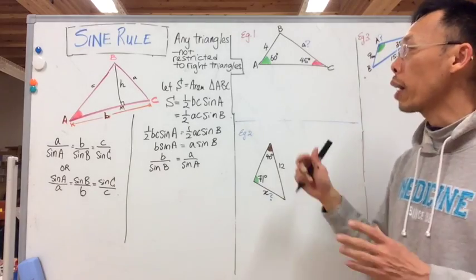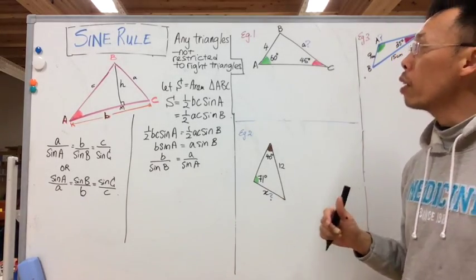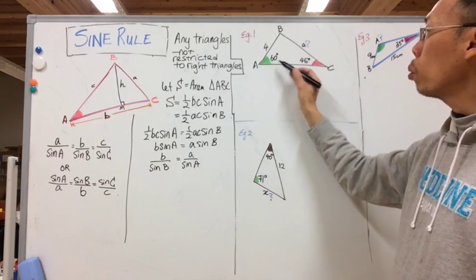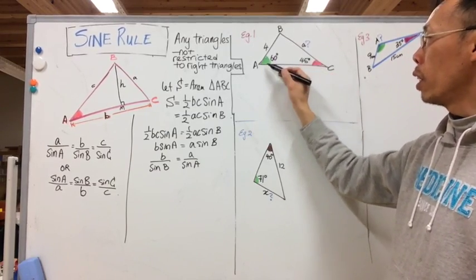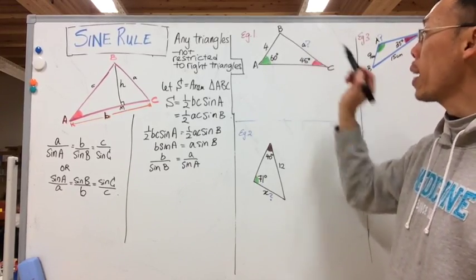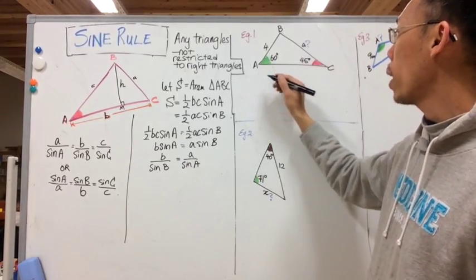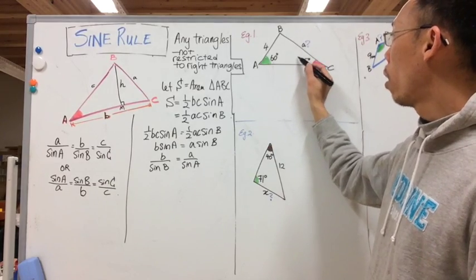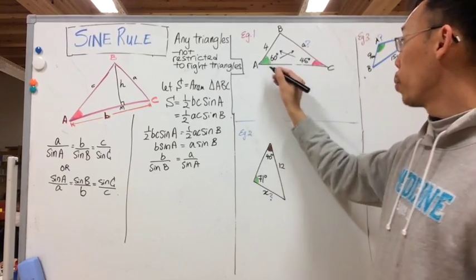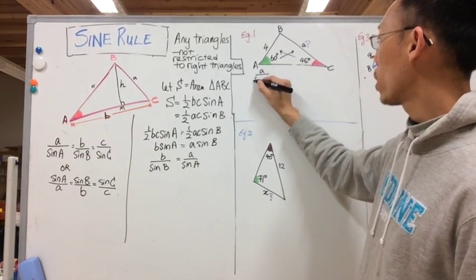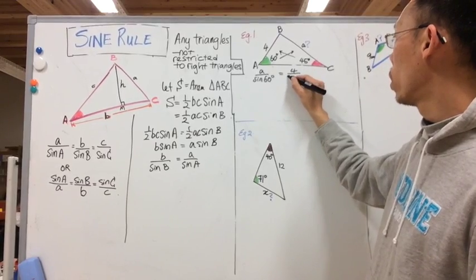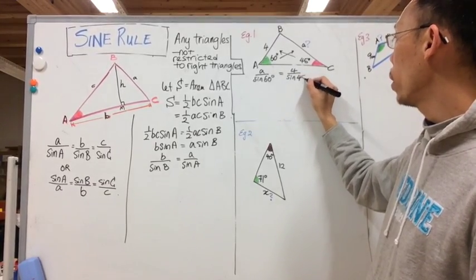Now let's see how we can apply this. Let's say we have a triangle like this, and in this particular case, I have two angles that are known, indicated here, and one side is known. I want to find out what A is. So here is a simple case of doing the sine rule. You can write A over sine 60 degrees is equal to 4 over sine 45 degrees.